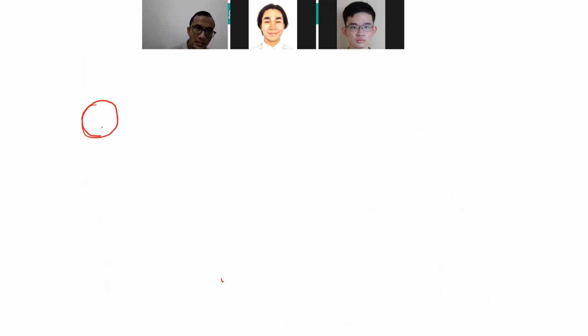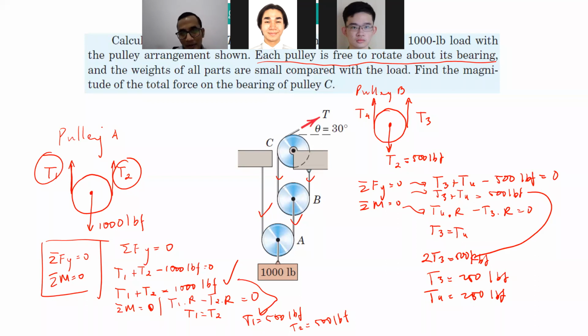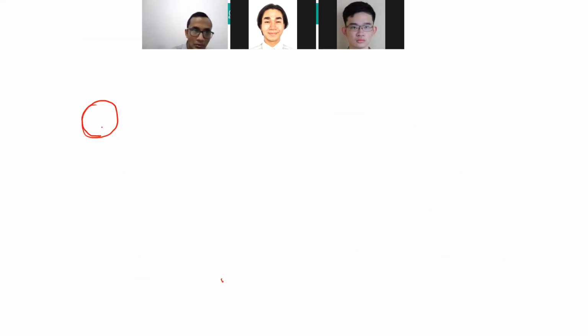At pulley C here, what forces do we have, Mario? Tension. Tension from which one? T4. And which way is it going? Down. Down, correct. This one is T4, and we already know the value of T4, 250 lbf.